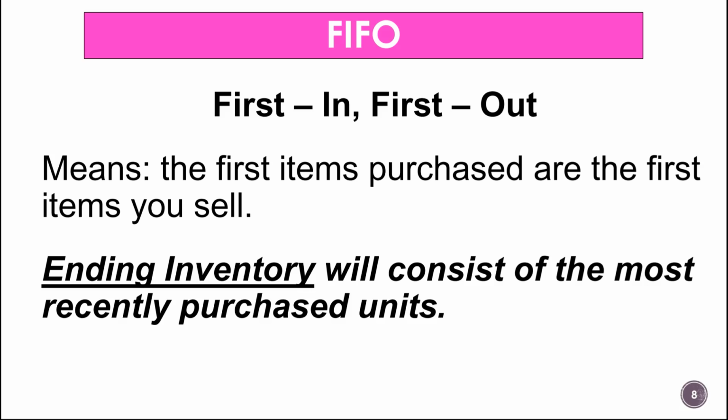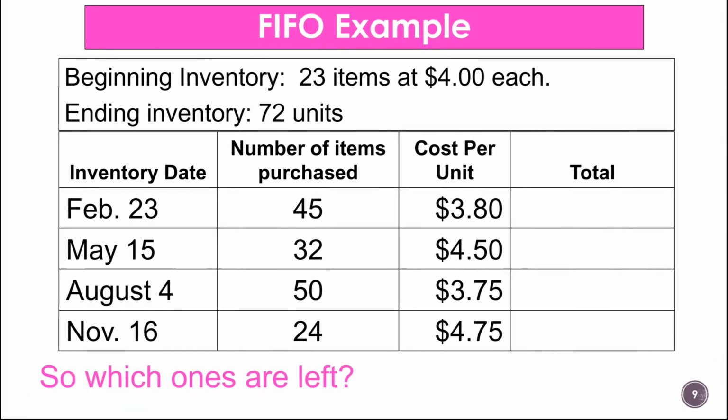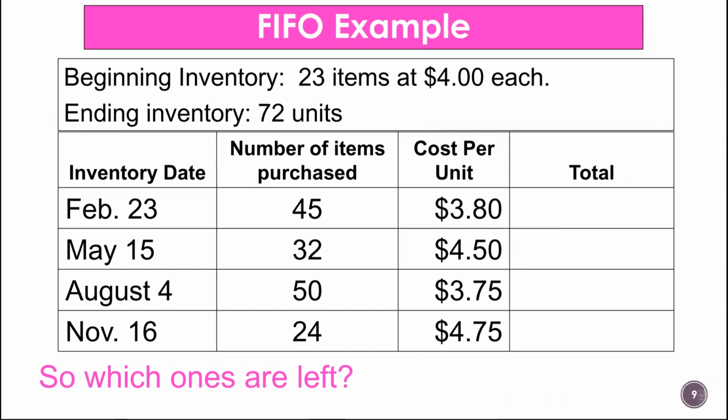Figuring out how to calculate this can get a little tricky, okay? We have another chart here to fill out, and my totals are 171, 144, 187.50, and 114.